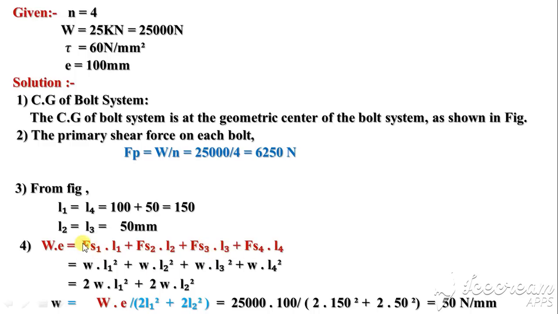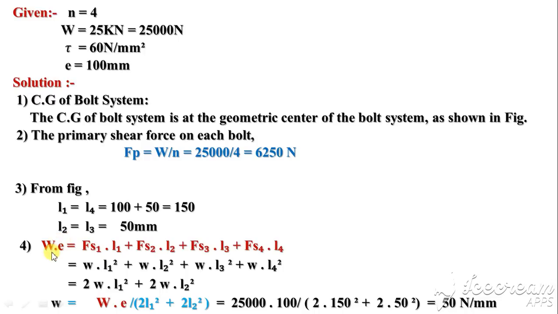Replacing the value of the secondary force Fs1 by small w into L1, Fs2 by w into L2, that will become w into L1 square, w into L2 square, and so on. Whereas small w is the intensity of the load, the unit is Newton per mm.